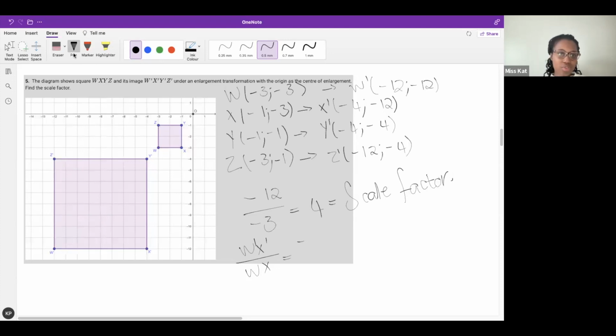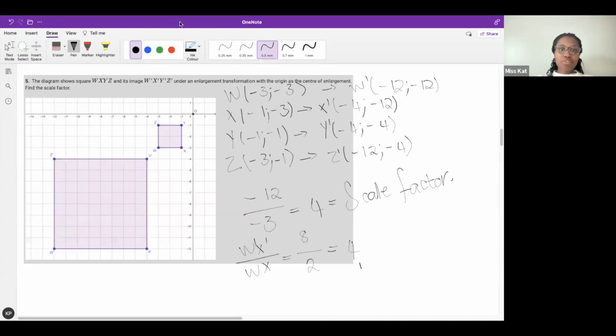Nope, not -12, excuse me. It is 1, 2, 3, 4, 5, 6, 7, 8. 8 over 2, which is 4. So we can't have negative lengths, guys. That's why. So these are the two ways you could have found the scale factor.